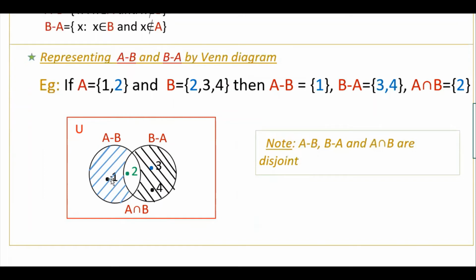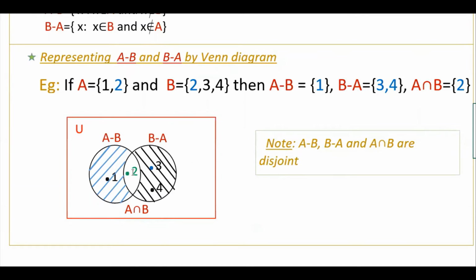So you show this one in A minus B. And B minus A has 3, 4, these are the elements. So excluding this part, this is A minus B. This is B minus A. And A intersection B is the common area for these two. So here this is common, in A intersection B, the common element, that is 2.